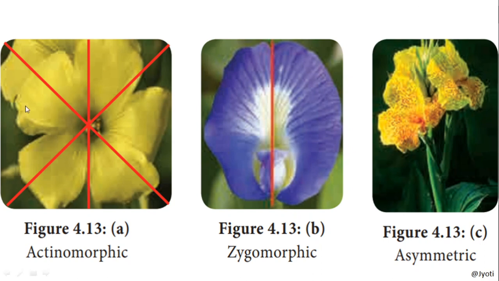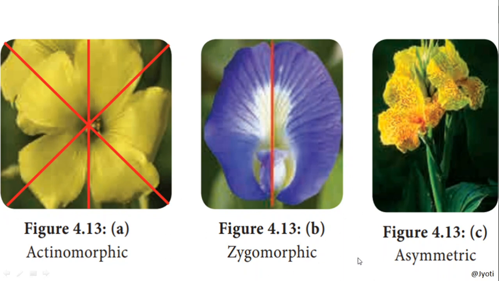So here you can see the first flower is actinomorphic flower. That means radially symmetrical flower. The symmetry is radial symmetry. The flower can be divided into two equal halves in any vertical plane. Okay.